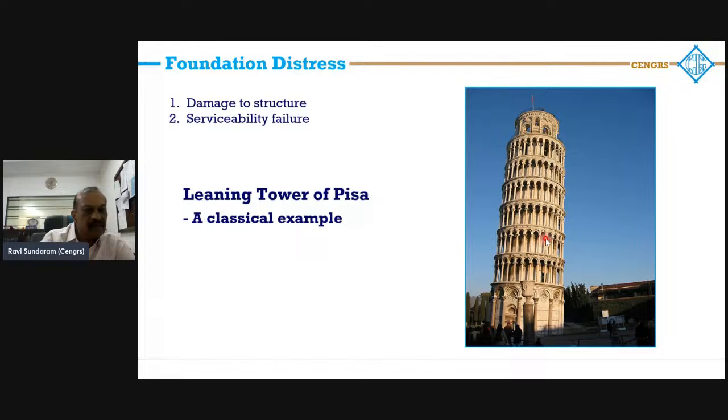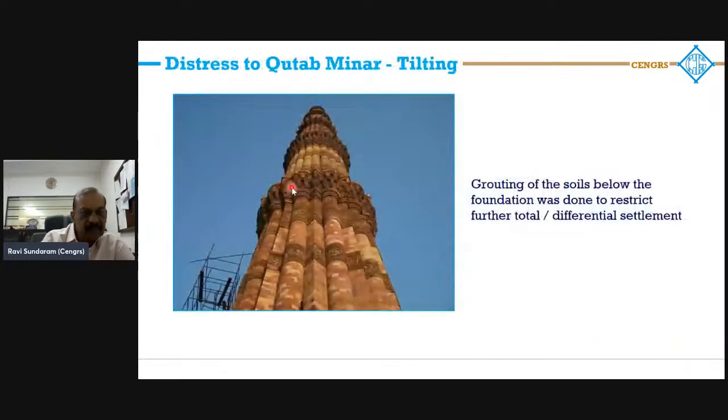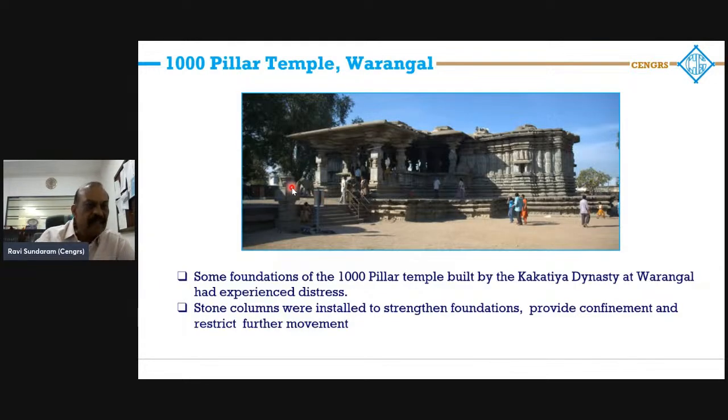Now let us take the case of the Leaning Tower of Pisa. This was a serviceability failure criteria. The Qutub Minar also experienced some tilting. Grouting of the soil and rock below the foundation was done to restrict further movement. This is the 1,000-pillar temple at Warangal.